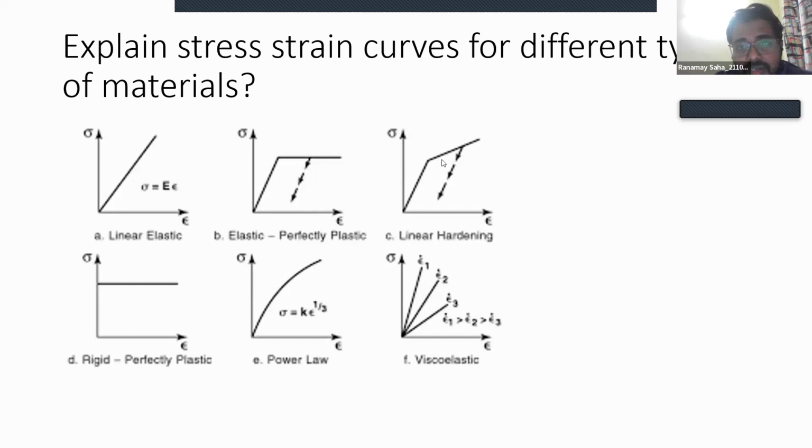If you take the slope at this point, you can see the stress part is much more than the strain part. That is called the linear strain hardening phenomenon. If it was perfectly plastic, then this would be parallel to the x-axis, or the epsilon axis.